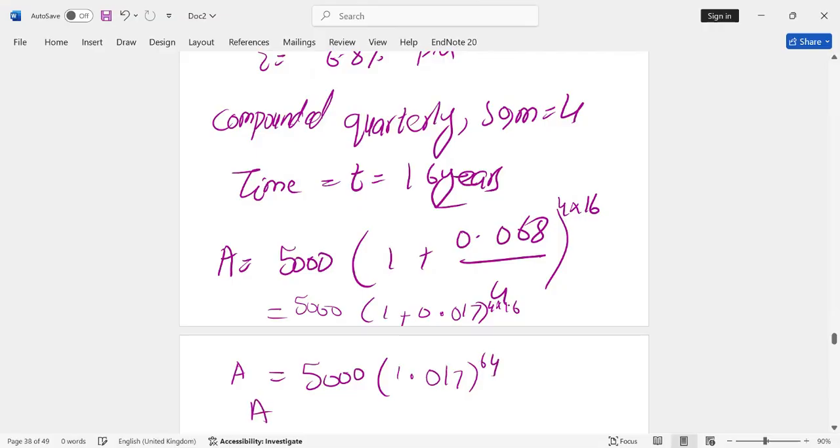After solving this, we get the value R14,788.